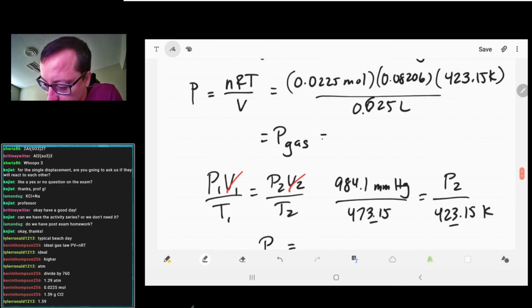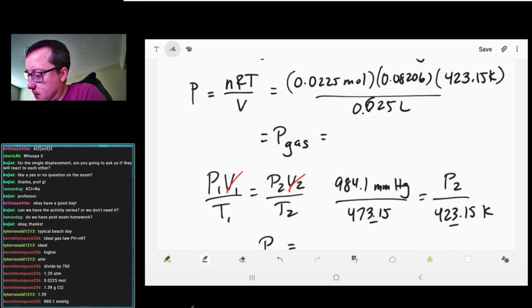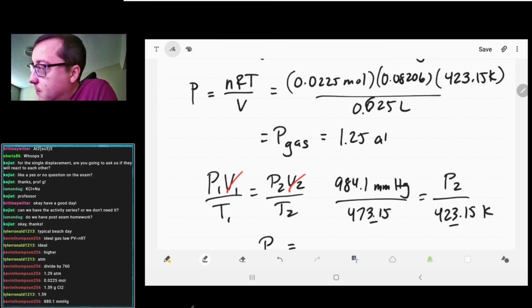So what's the pressure of the gas here? Let's see. 0.0225 times 0.08206 times 423.15 divided by 0.625. All right, so what I got was 1.25 atmospheres.